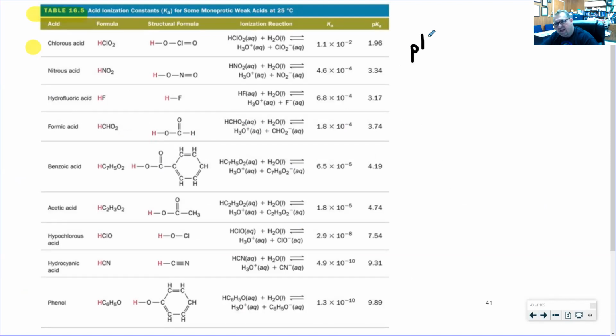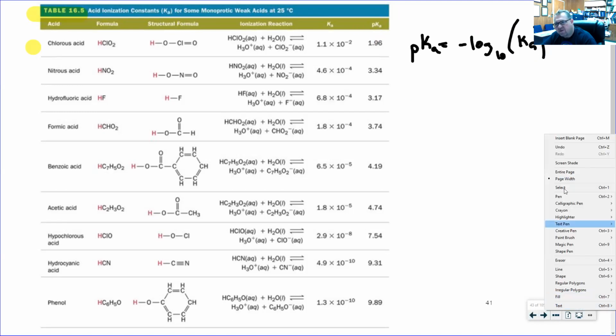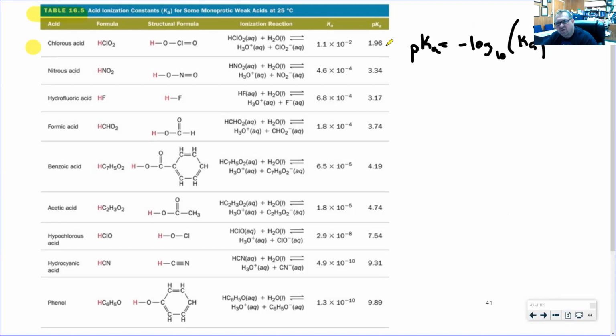So pKa, which is listed in this table, is simply equal to the negative log base 10 of the Ka. It gives us a way to represent large numbers in a simpler format, which is a common thing that we do with logs. Just keep in mind, every time you change an order of magnitude in a number in a P function or a pKa, you change a factor of 10 in terms of the number.